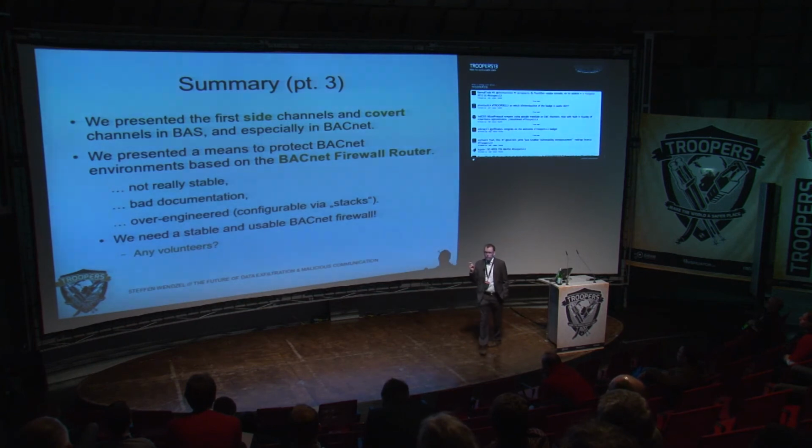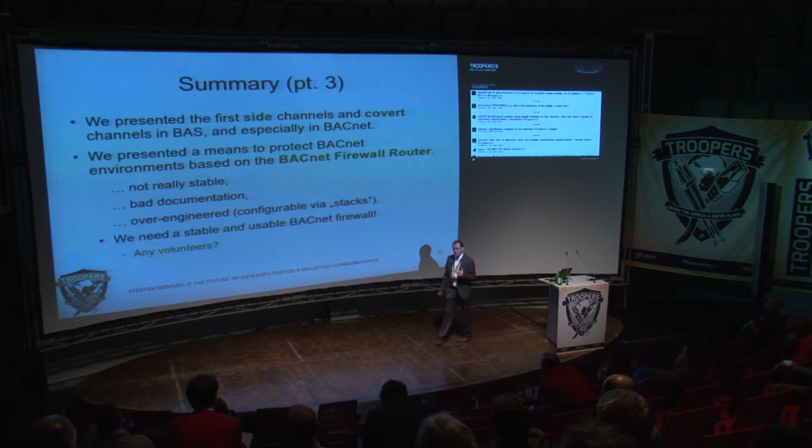So to conclude that part, we can say there are side and covert channels in building automation systems. They are of high relevance because of the health data, because of the observations of people and events in buildings. We can prevent covert channels and side channels both with the same approach in BACnet by introducing very simple topological changes using an open source software. But the BFR is unstable, its documentation is more or less nonexistent, and the configuration is a mess.